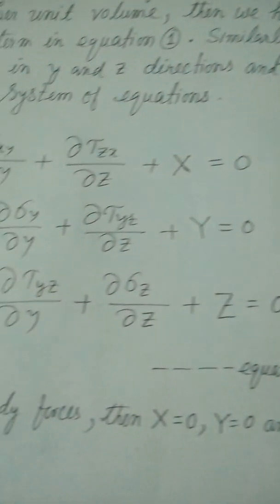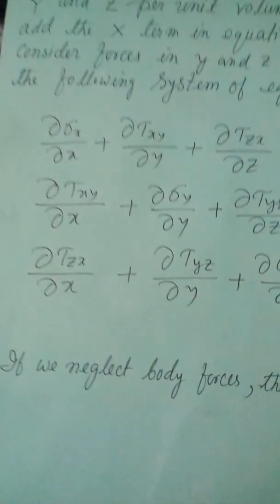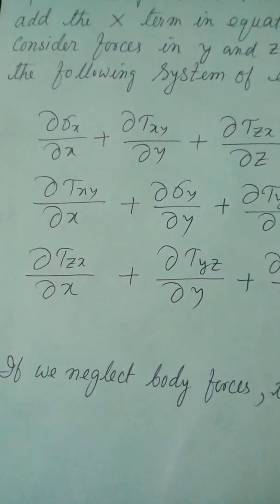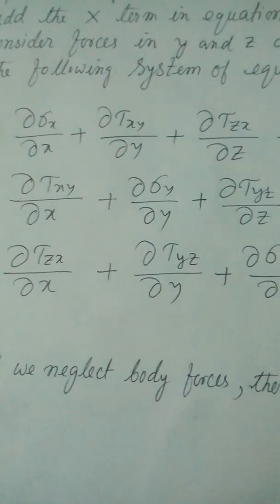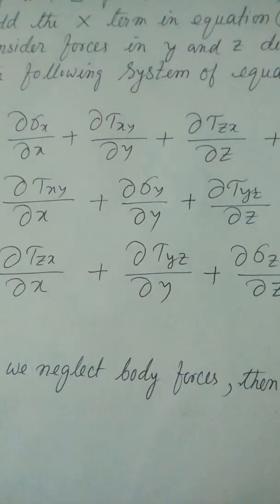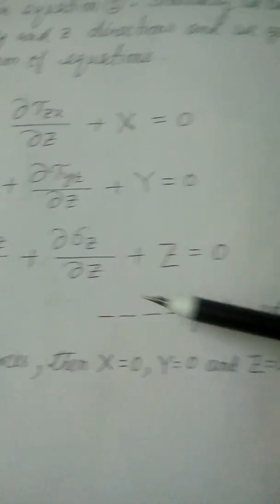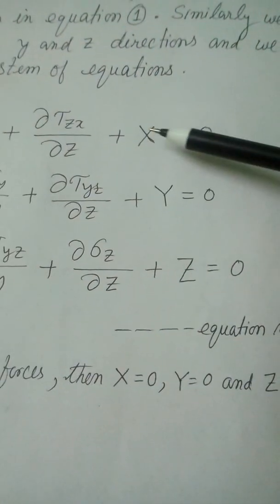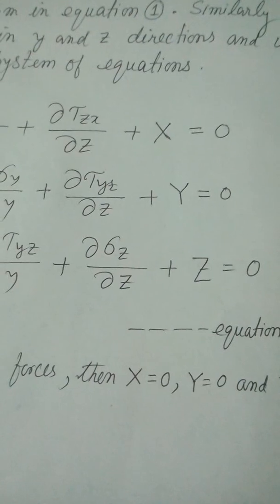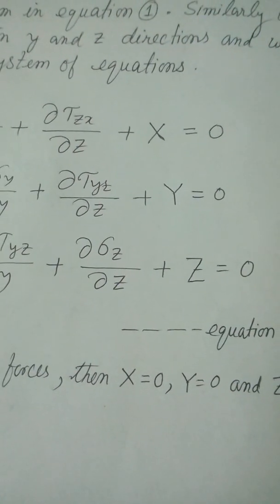I will show you once again. This is the differential equation in x, y and z. This we have already proved. X, y, z are the body forces per unit volume.